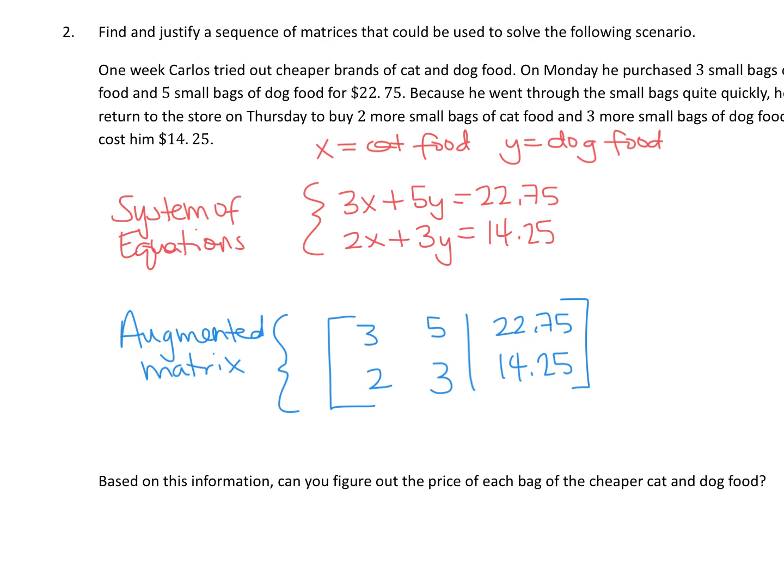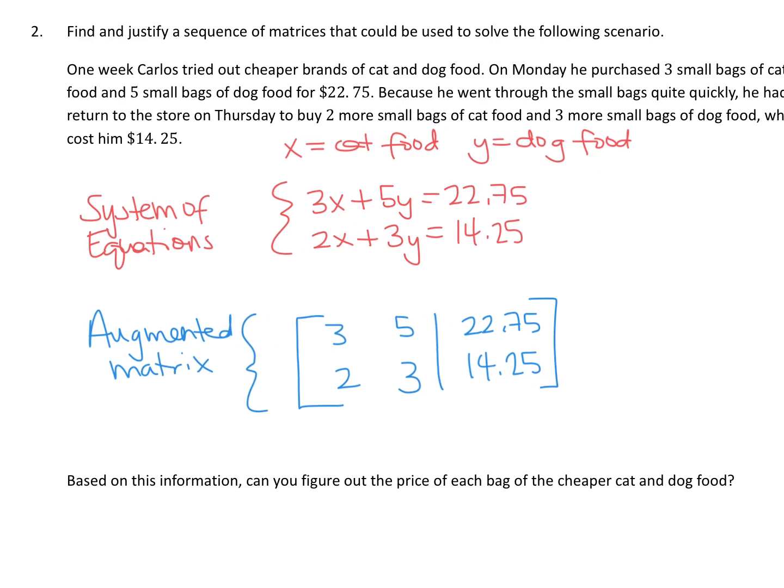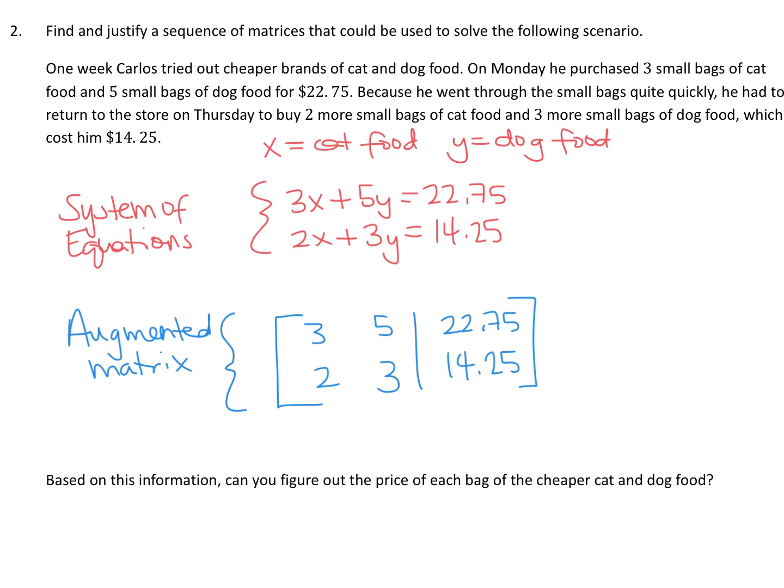So we're going to manipulate this augmented matrix using Gaussian elimination to get to that reduced row echelon form. So immediately looking at this, I think a quick way to get a 1 in the upper left slot right here is to simply subtract row 2 from row 1.